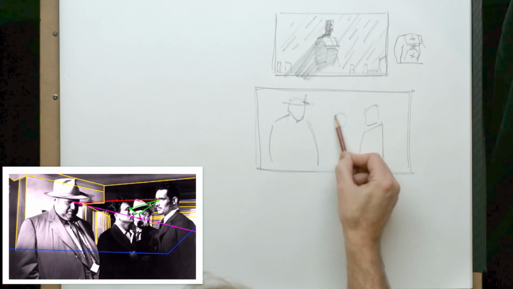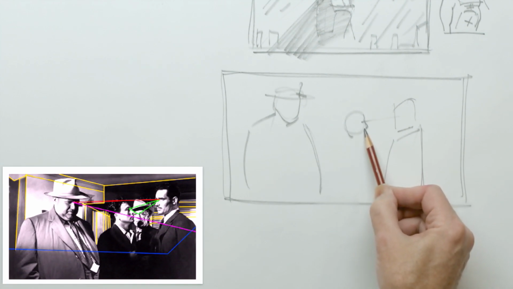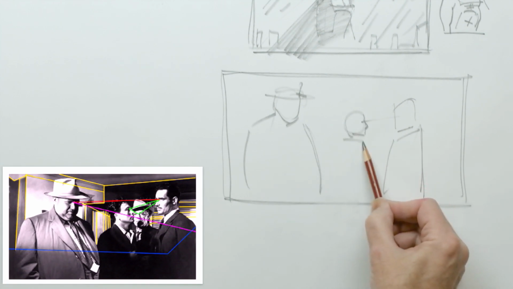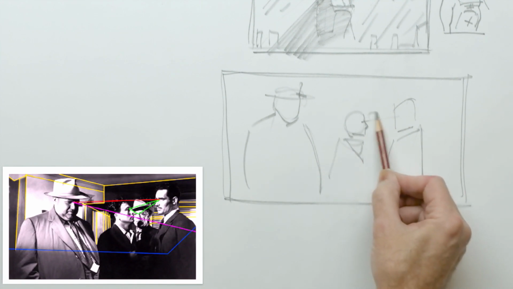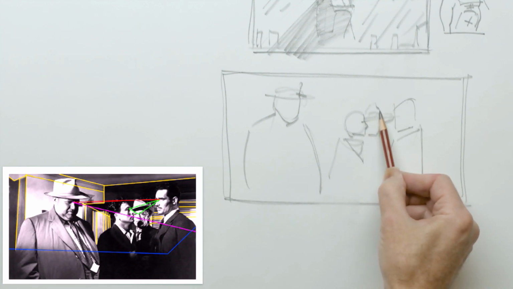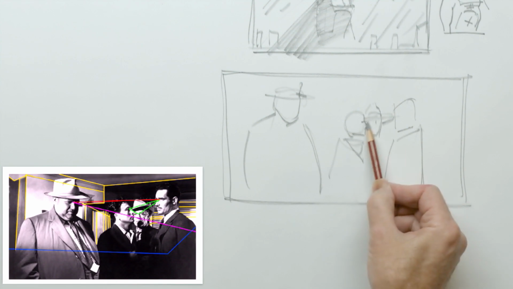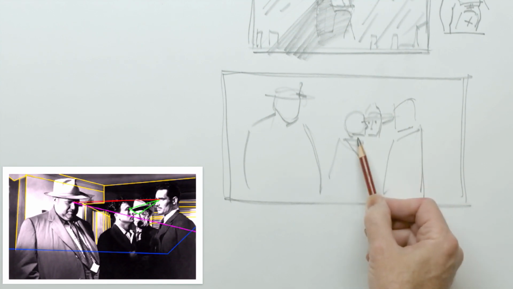Okay, we have this guy that's a little bit lower, and his eye line, he's looking up here at him. And then we have this guy that's back here, and his eye line, he's looking this way. He's looking right at him.